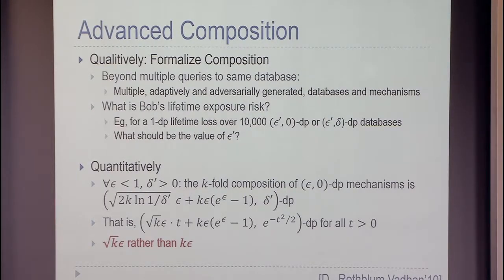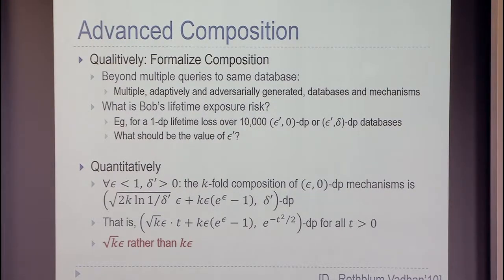I'd like to answer questions of the following form. Bob goes through life. He gets involved in, say, 10,000 databases. If he were to have a lifetime cumulative privacy loss of epsilon equals 1, what should be the value of epsilon prime that is guaranteed for each of the individual databases? So composition, we want to be able to answer that.